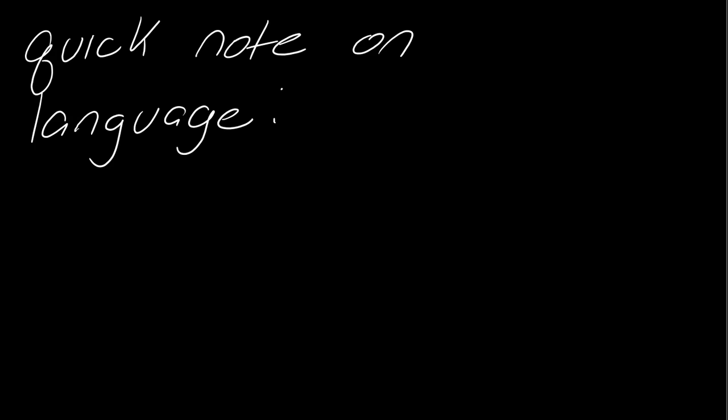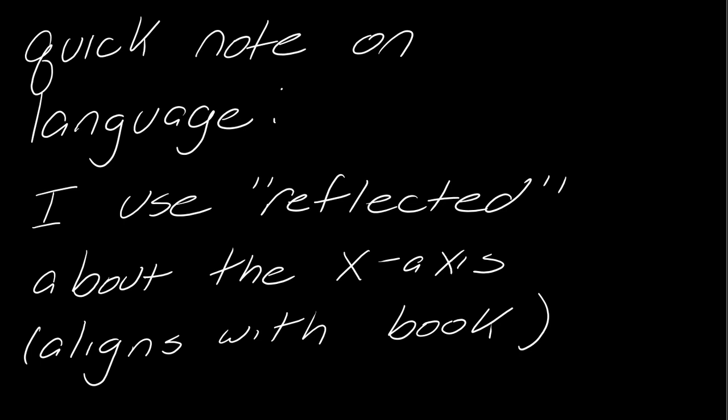There's one other thing that I want to note before I jump into the examples. Just regarding the language, I'm going to use the term reflected about the x-axis. This aligns with the particular language that the book my class is using uses. This is a little bit of an abuse of the term.